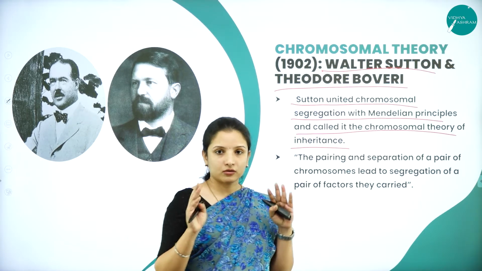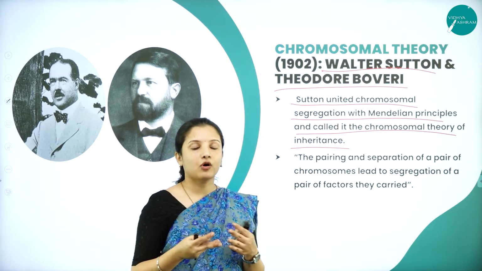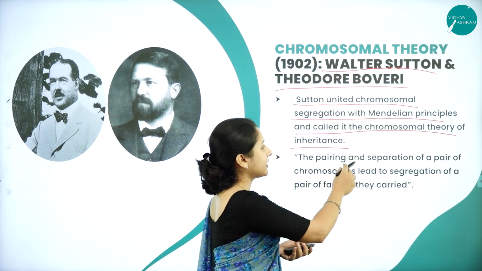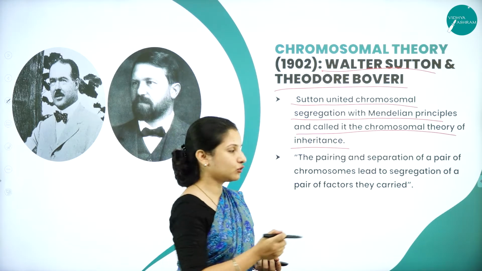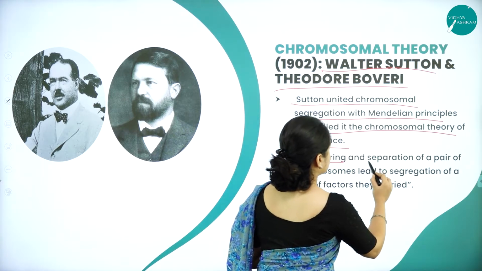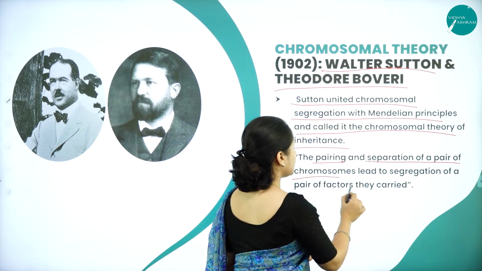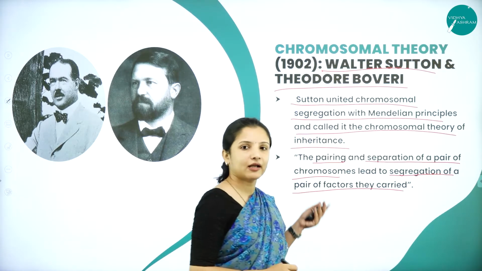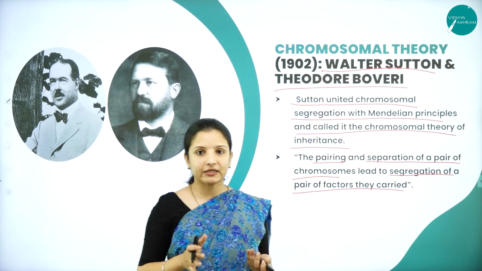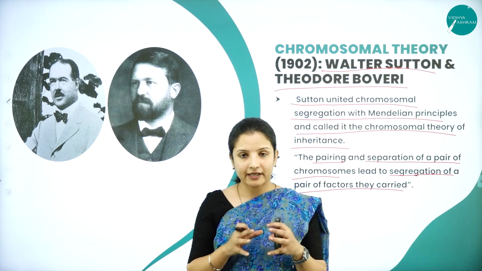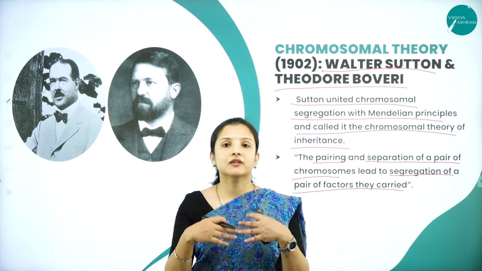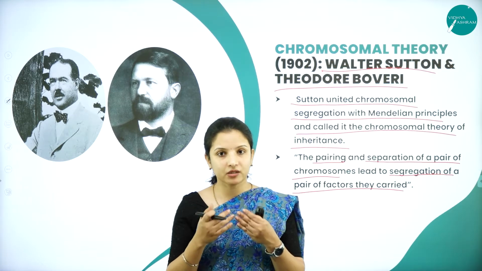Sutton put forth the chromosomal theory as the pairing and separation of a pair of chromosomes. The pairing and the separation of a pair of chromosomes leads to segregation of the pair of factors they carry. That is what Mendel also said: the characters will get segregated, the alleles will get segregated and they will be represented individually in the progeny.